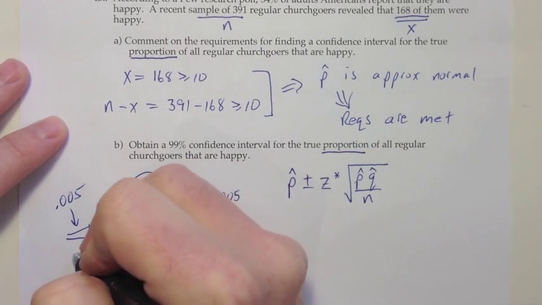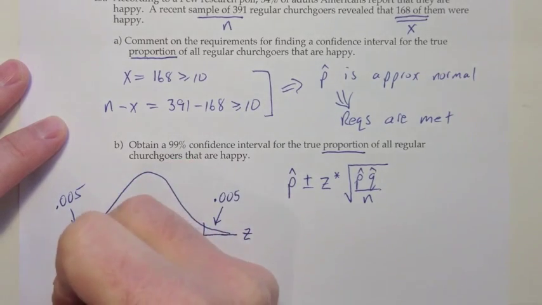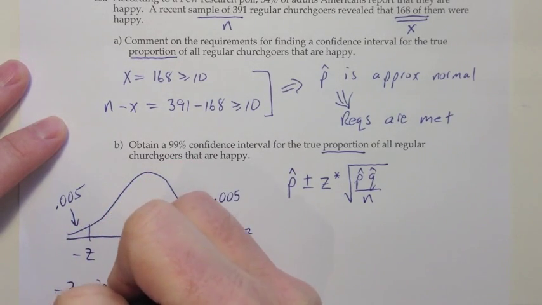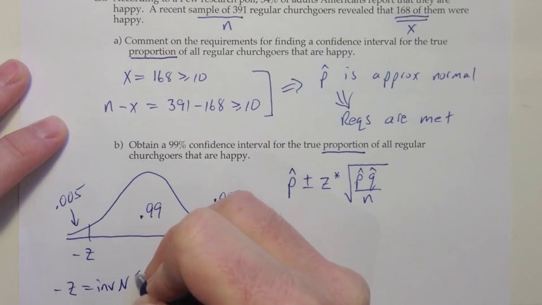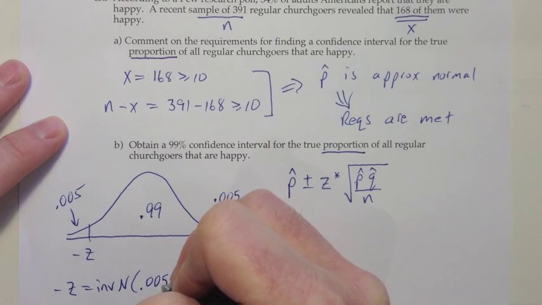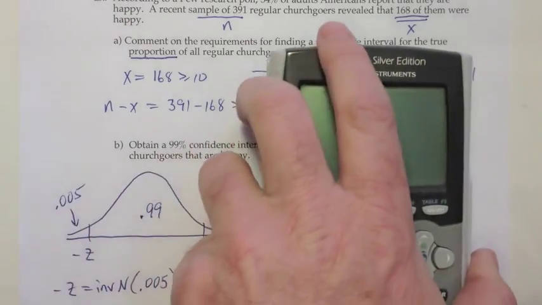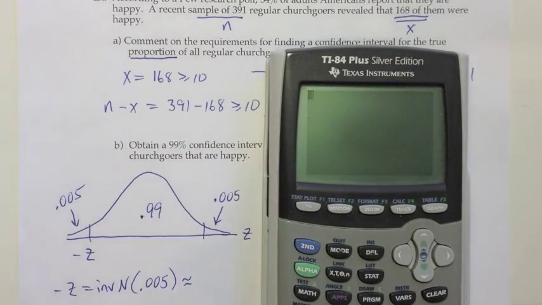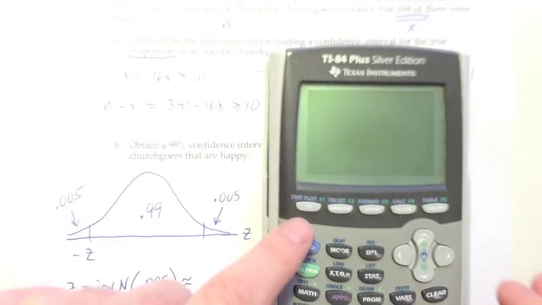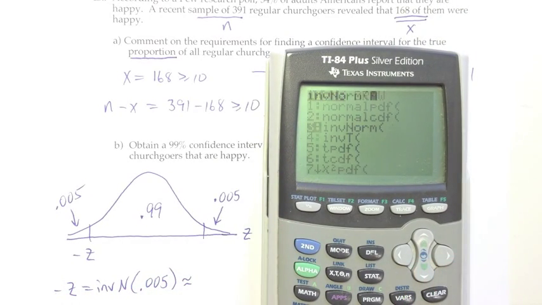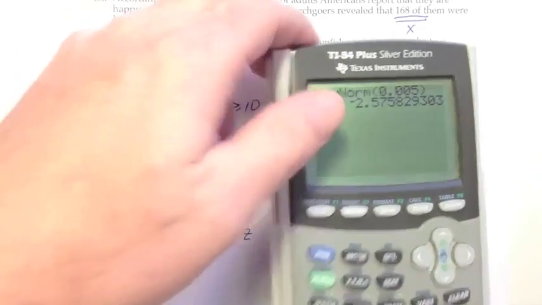So I'll find this one over here, this negative z. Negative z would be found by doing inverse normal of the area to the left, which would be 0.005. So let me go ahead and bring in the calculator for that. I want to use the distribution menu, inverse normal, and we have 0.005 as the area in our tail. So that gives us negative 2.576.